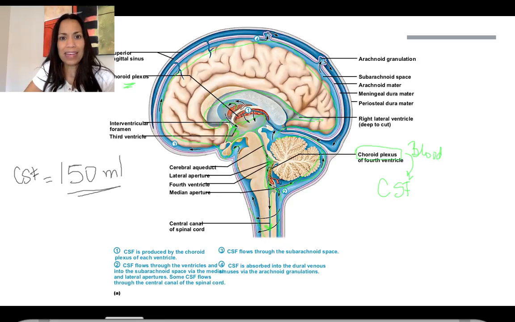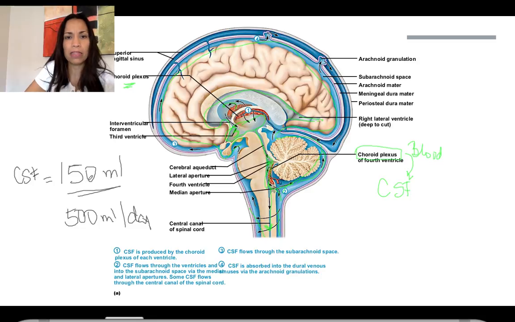The thing is that we produce 500 milliliters a day. The choroid plexus produces that amount of fluid a day. So how can you explain that we produce 500 a day, but we only have 150 milliliters? And the explanation relies in the fact.